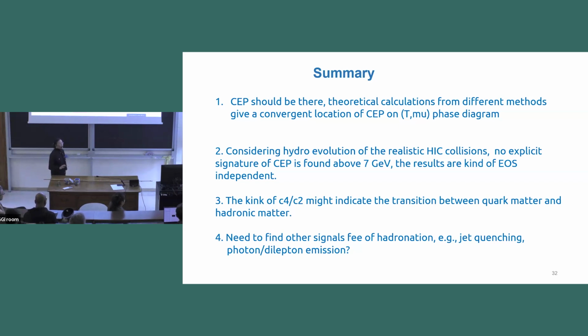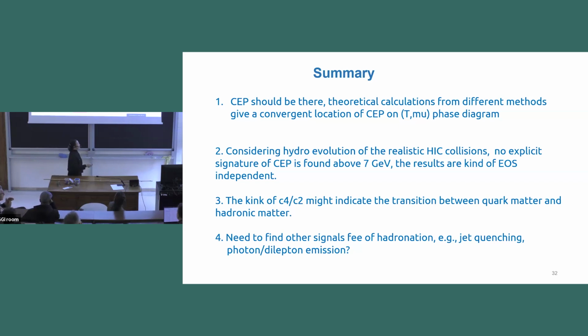I don't know, so it's still a puzzle. Why is the kurtosis negative at low collision energy? I think at the moment nobody really understands that. Of course, the community sees it negative, but I don't know why.